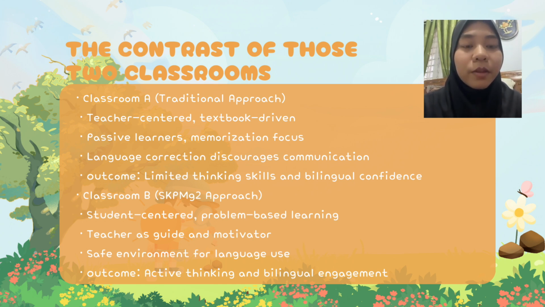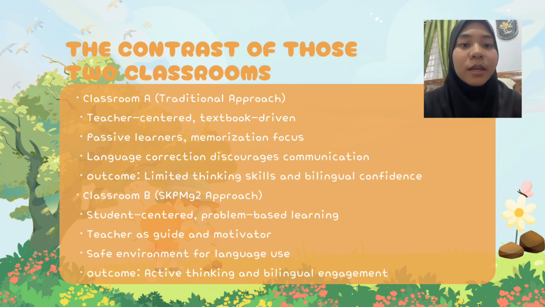Let's begin with Classroom A, which represents the traditional approach. In this classroom, learning is teacher-centered and textbook-driven. So the teacher talks most of the time while the students mainly listen and take notes. Students focus heavily on memorization rather than understanding the concepts deeply.